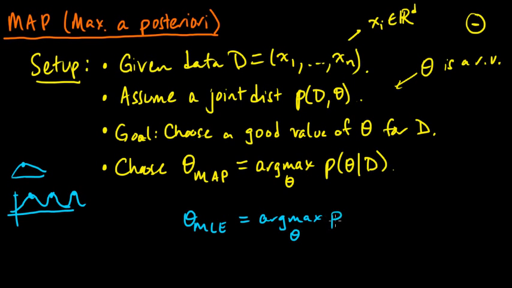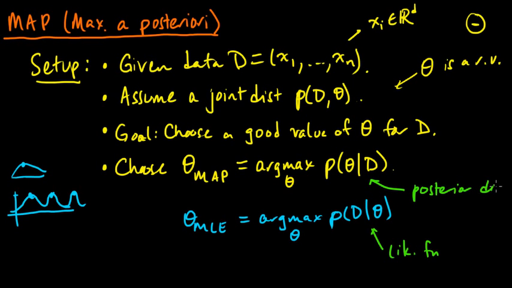And so recall that an MLE, a maximum likelihood estimate, maximizes the probability of the data given theta. So this was the likelihood function, the maximum likelihood estimate maximizes the likelihood function, and this is the posterior distribution on theta given the data.